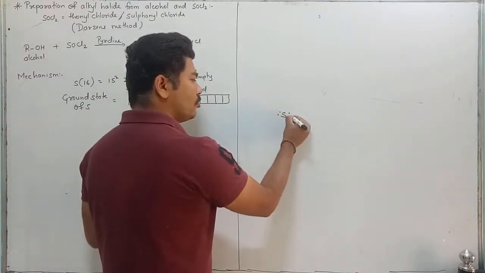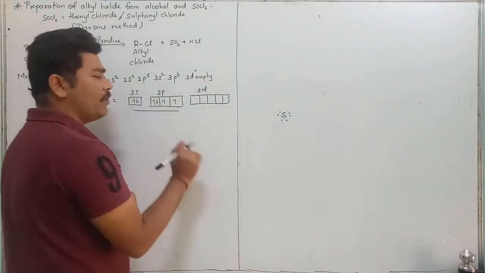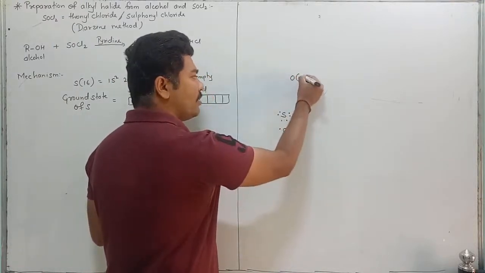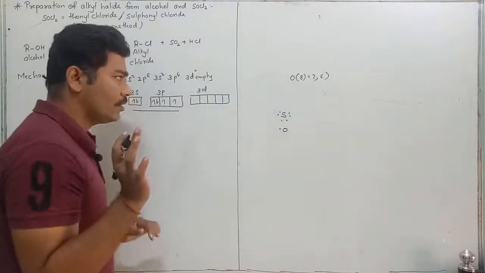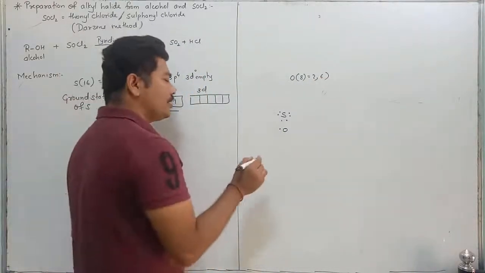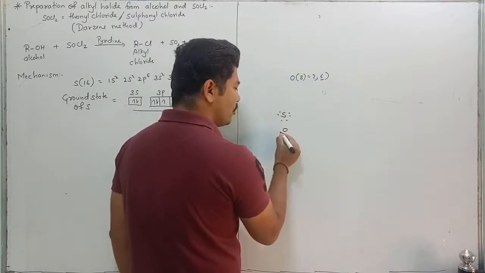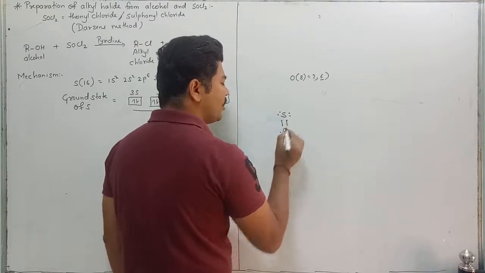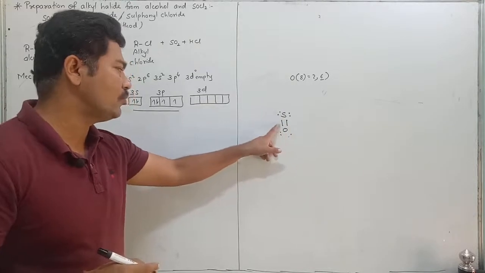These 2 unpaired electrons react with oxygen, which has atomic number 8, that is 2, 6, so it has 6 electrons in its outermost shell. It combines with sulfur and completes its octet: 2 plus 2, 4 plus 2, 6 plus 2, 8.